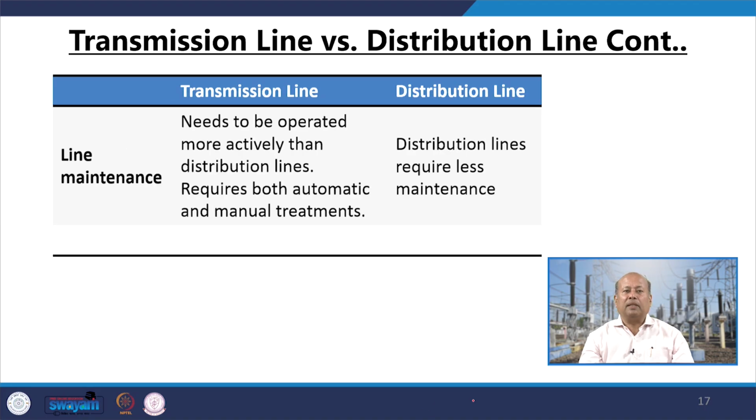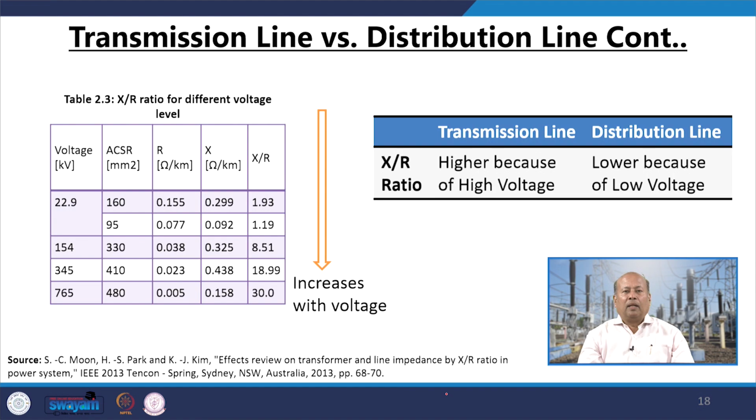Now, how do we maintain them? Transmission lines need to be operated more actively than distribution lines and require both automatic and manual treatments, while distribution lines require less maintenance and are mostly managed manually. Now, one more important parameter is the resistance and reactance of transmission lines and distribution lines.